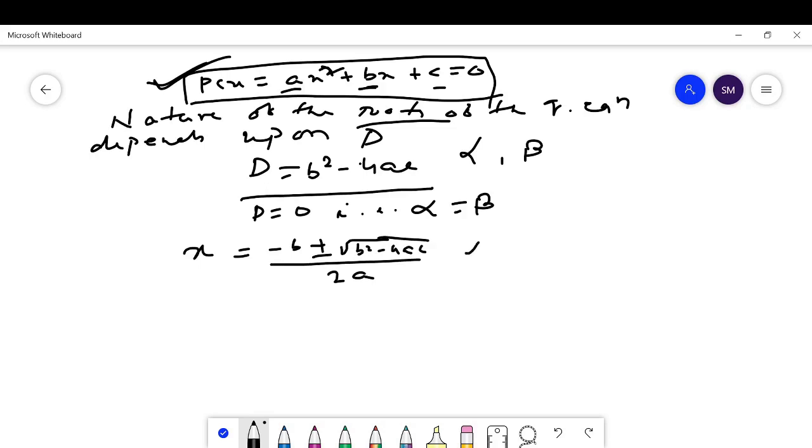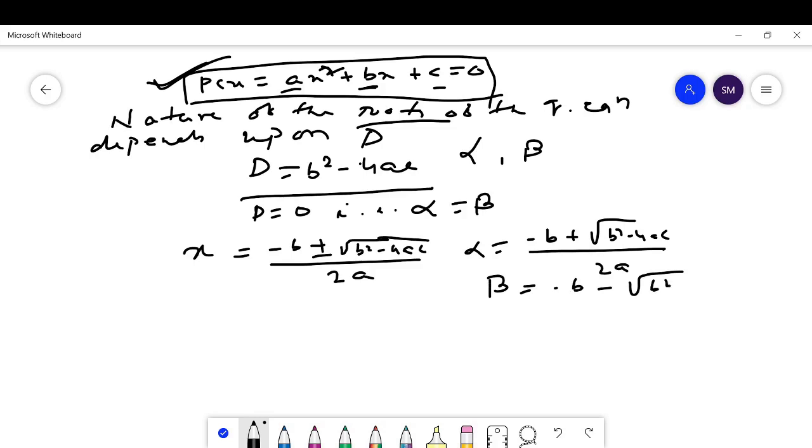Then alpha is equal to minus b plus square root of b square minus 4ac upon 2a, and beta is equal to minus b minus square root of b square minus 4ac upon 2a.